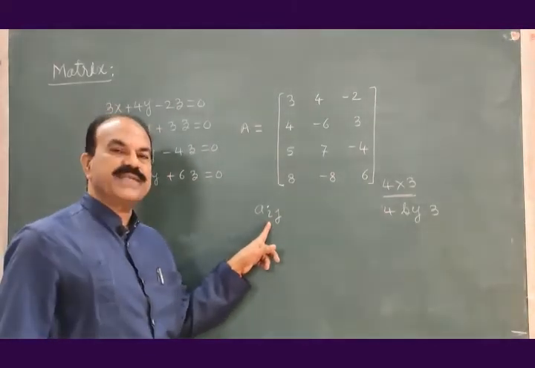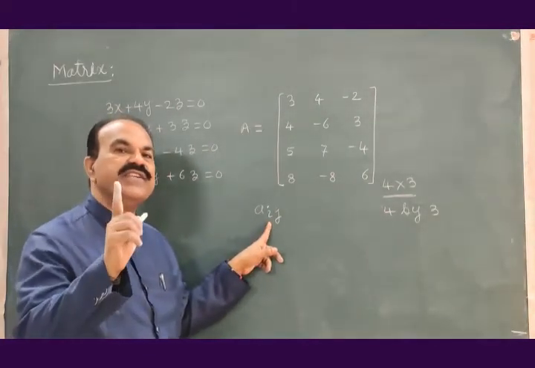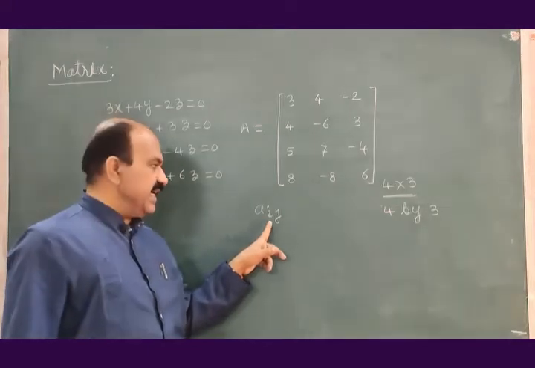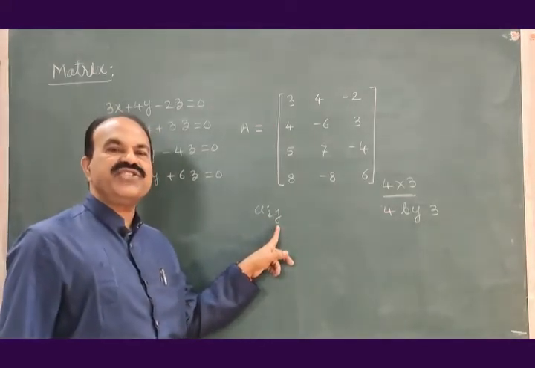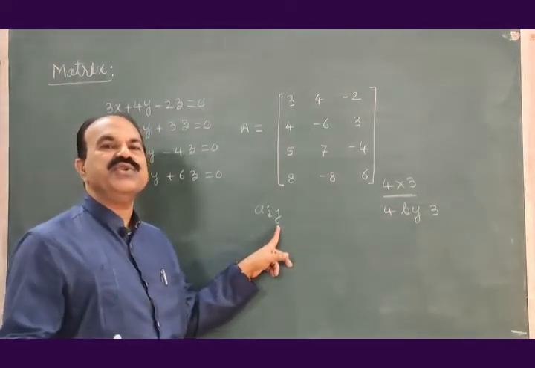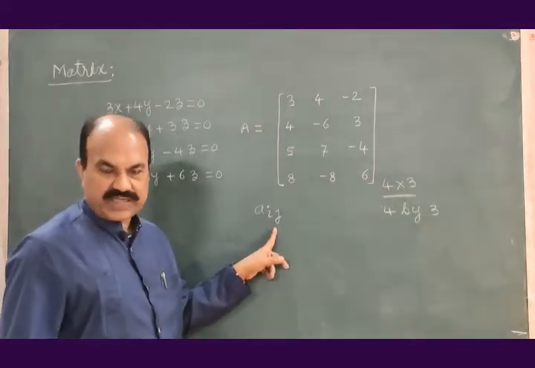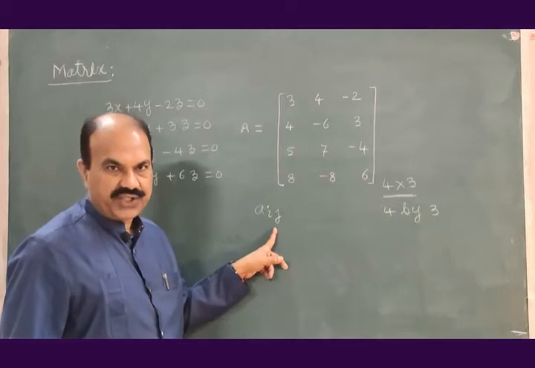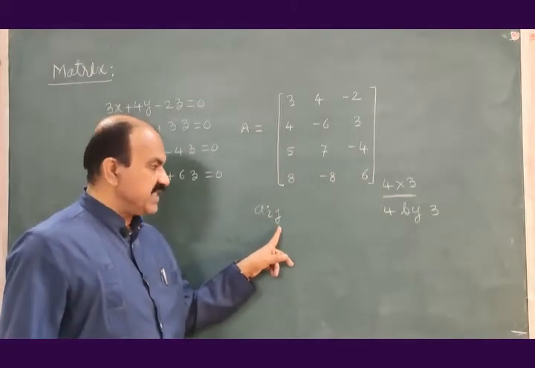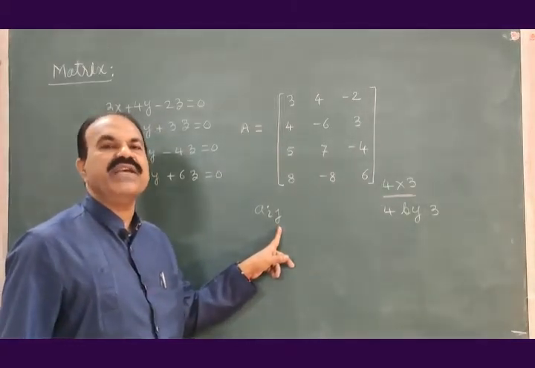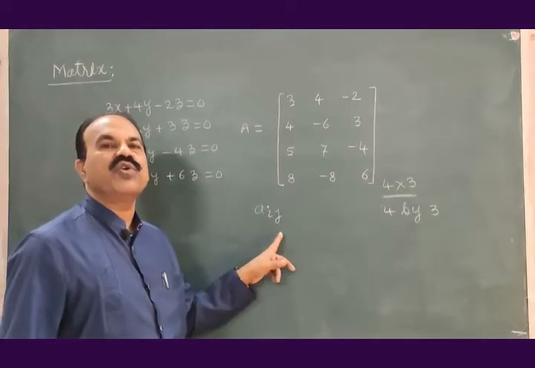The first subscript i is always used for row. The second subscript j is always used for column.